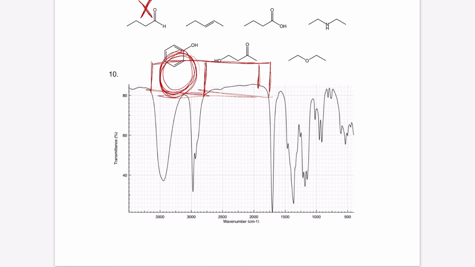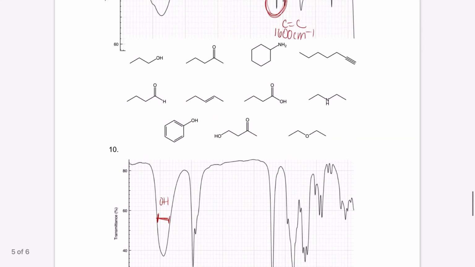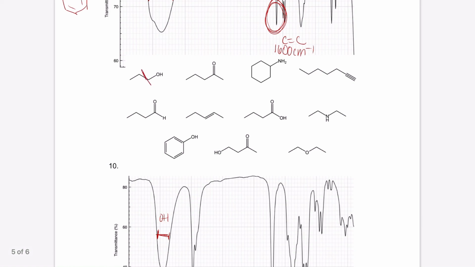Now, if we look at question 10, we see another broad peak. So this is going to be an OH group. And at this point, we've already used our propanol, our carboxylic acid, and then our aromatic containing compound.